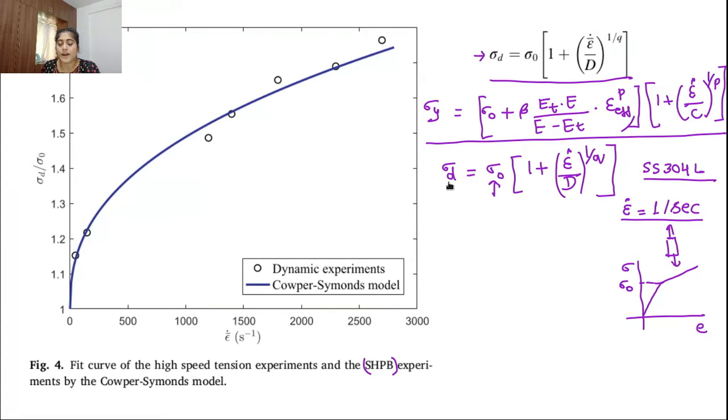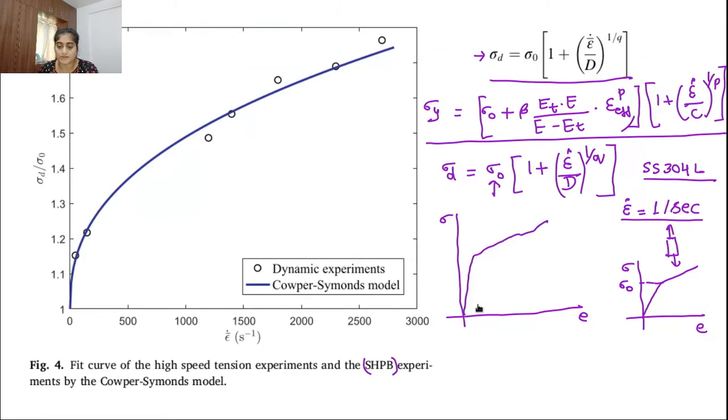Now you have to find the sigma D value, the yield stress at high strain rate. How can you find it? For that you can use the split Hopkinson pressure bar. In a split Hopkinson pressure bar you can find the stress versus strain graph at different strain rates.